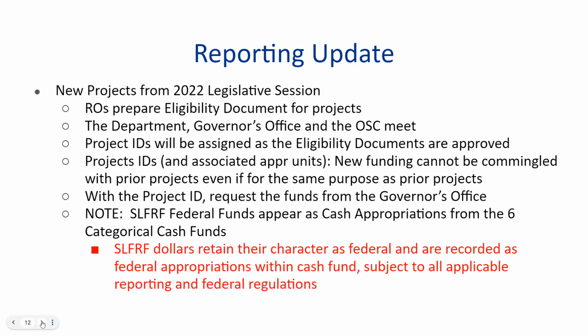So be aware that we are not commingling any of the sources of those allocations. We're keeping those distinct. And that was a decision that the governor's office and our office made within the last couple of weeks.